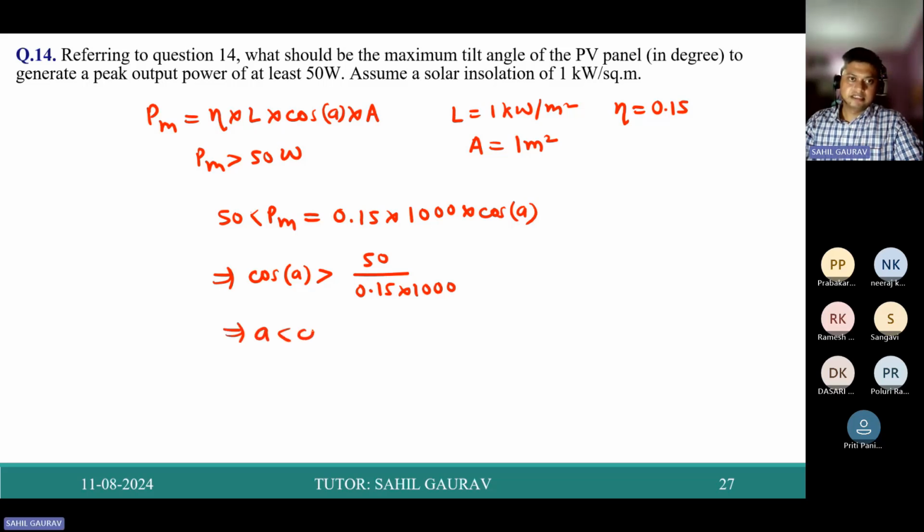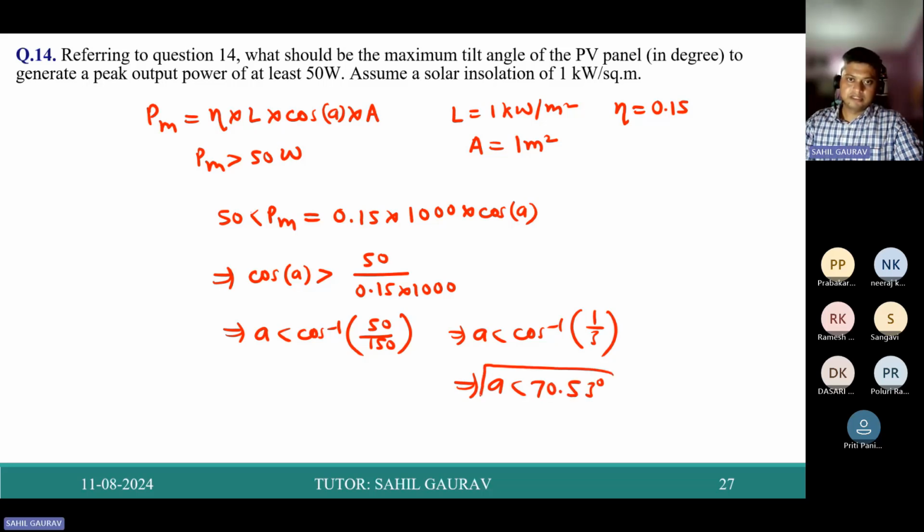So A will be less than cos inverse 50 upon 150. So A will be less than cos inverse 1 upon 3. So A is less than 70.53 degree. This is the answer.